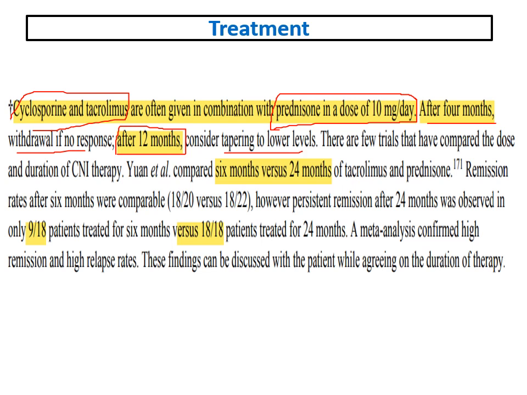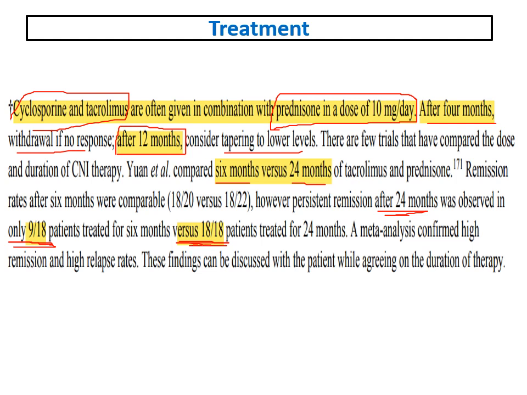This is a comparison of 6 months versus 24 months. Look at the remission rate here. If we use CNI for 6 months, the remission is only 50%, while in 24 months, it is present in 100% of cases.